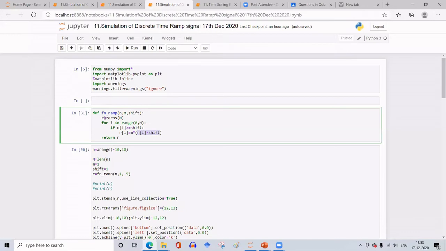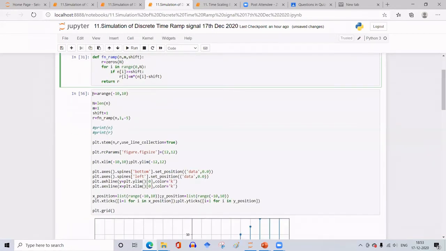Initiate with n, call the function as fn underscore ramp or whatever name you want to give. Then the arguments are x-axis, slope, and shift. And then this is how we calculate the values and change this zeros array and return that array, which will form the ramp.